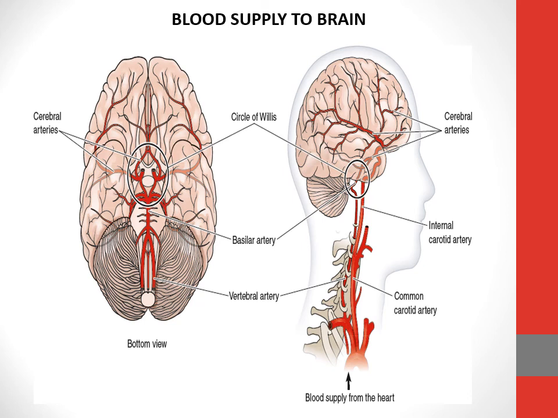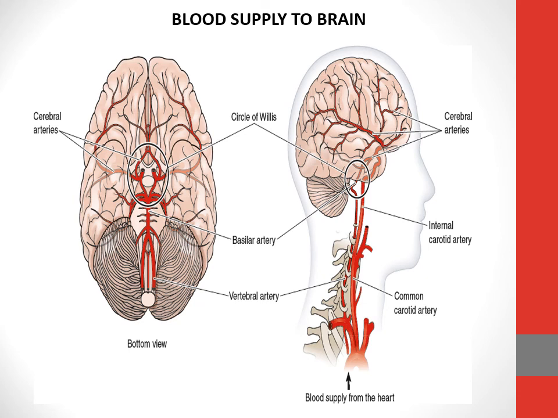So in this image, it would be the top blood vessels going up. They'd be called the anterior cerebral artery. The artery on each side going left and right would be called the middle cerebral artery. And at the bottom of the circle of Willis, near the basilar artery, is the posterior cerebral artery. So anterior, middle, and posterior cerebral arteries feed different parts of the brain.